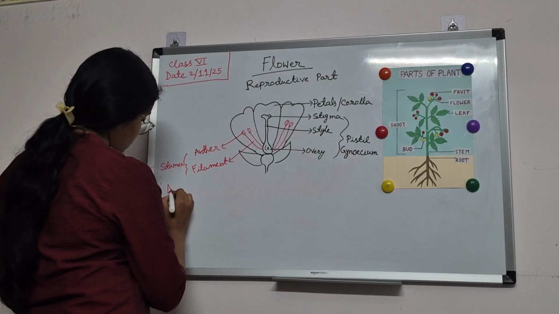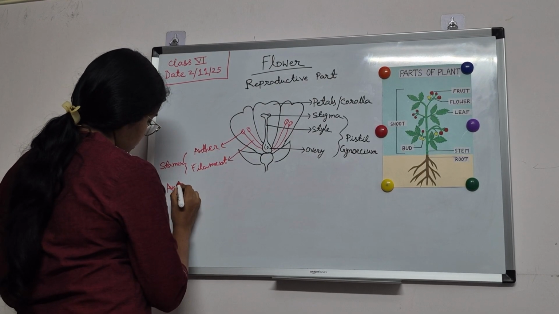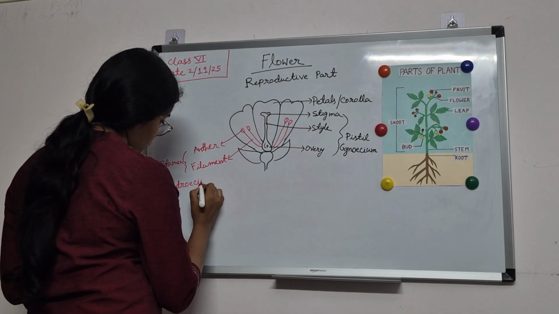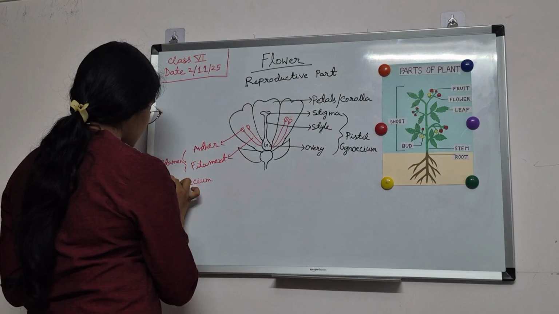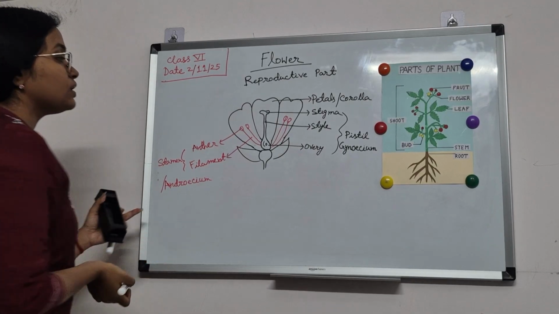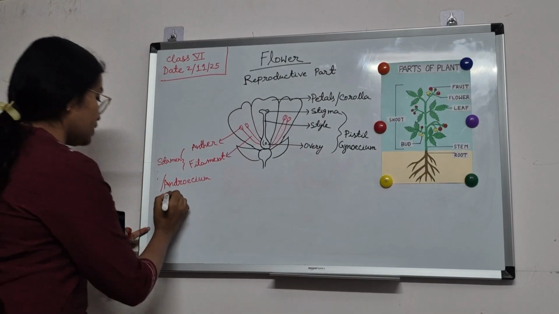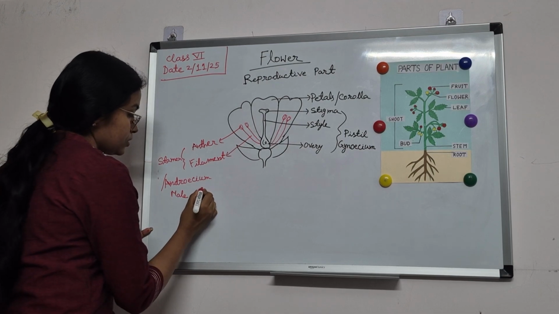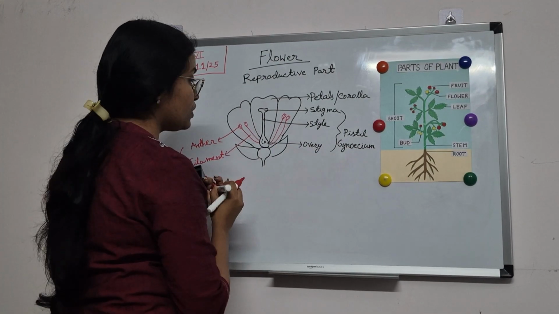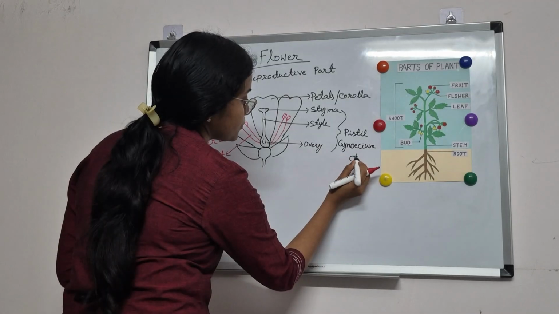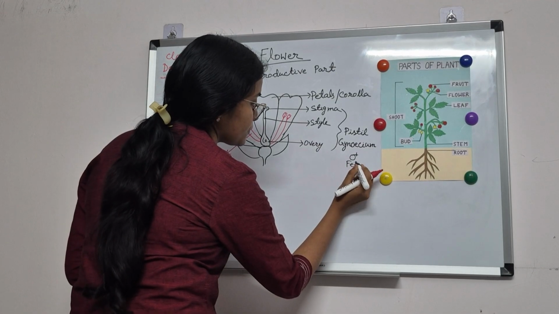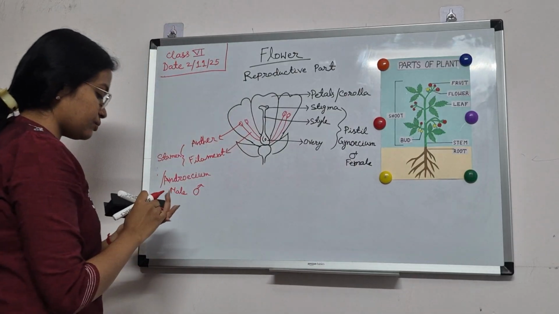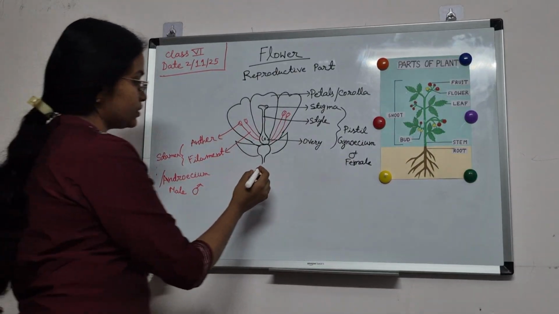I will write it down. Stamen or androecium. It is the male reproductive part. And this is the female reproductive part, and this is the male reproductive part.